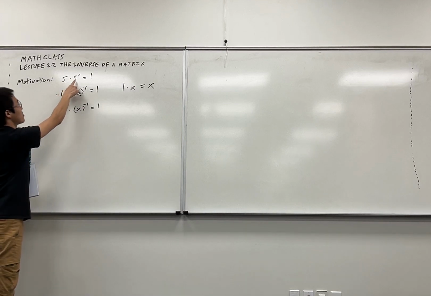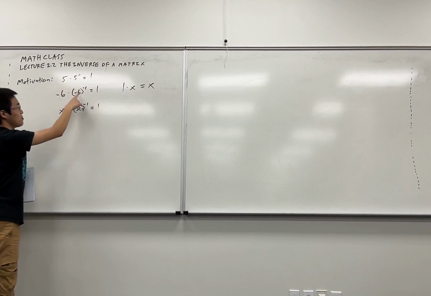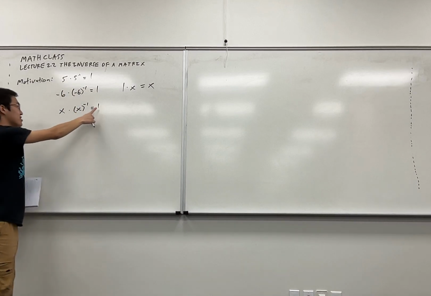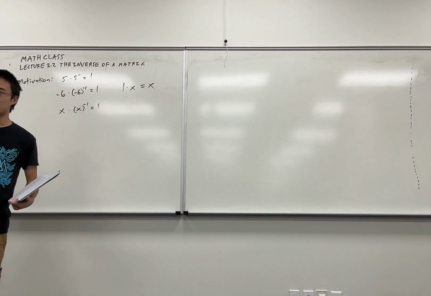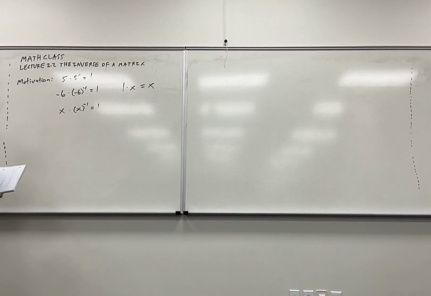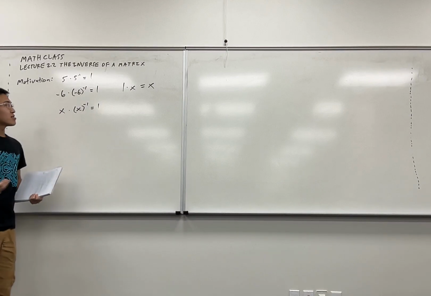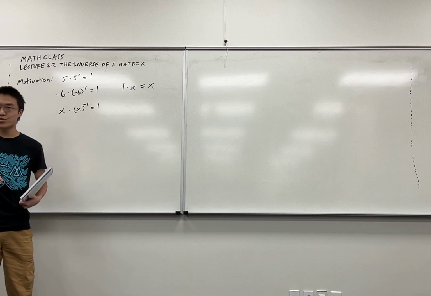When I have an element, the fact that I'm guaranteed the existence of some other element in this set that allows me to return to the identity, we consider this the concept of inverse. Does that make sense? An inverse is an element that corresponds to some other element in my set that returns me to whatever the identity is for the operation.